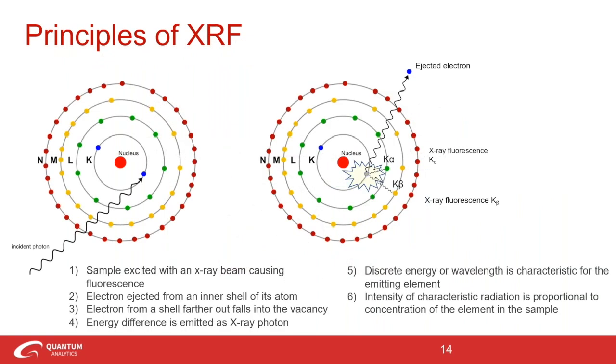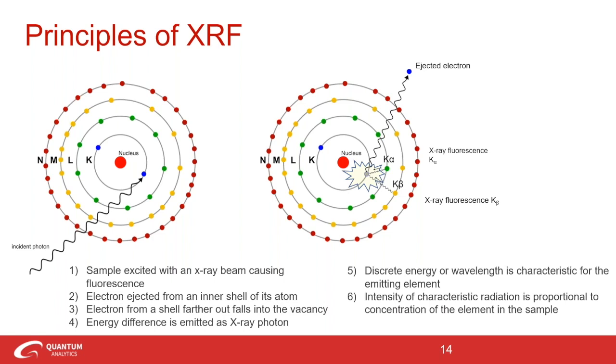Okay, so a sample is irradiated with high energy X-rays from a controlled X-ray tube, right? These are the steps, if you will, of what happens in an XRF absorption. You have a primary or incident photon that comes in.